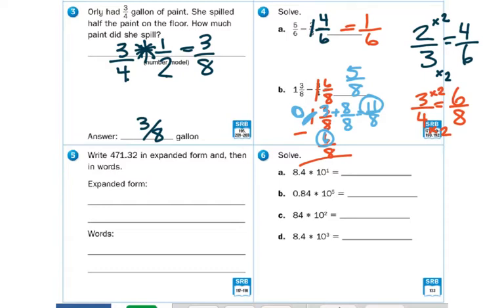Number 5, write 471 32/100 in expanded form and then in words.